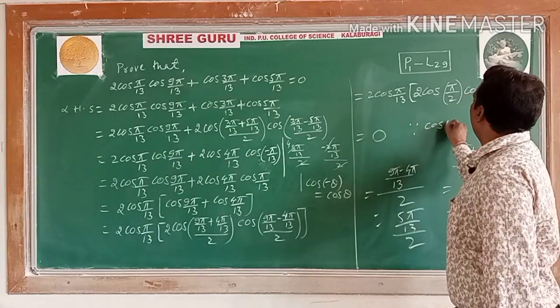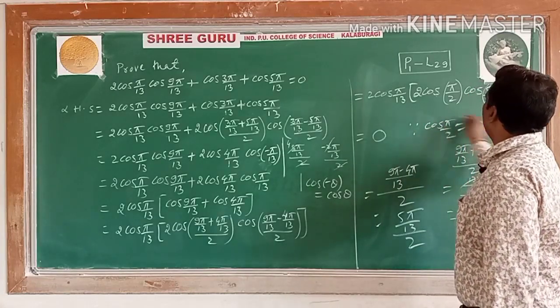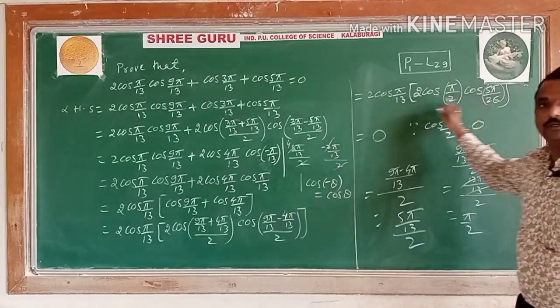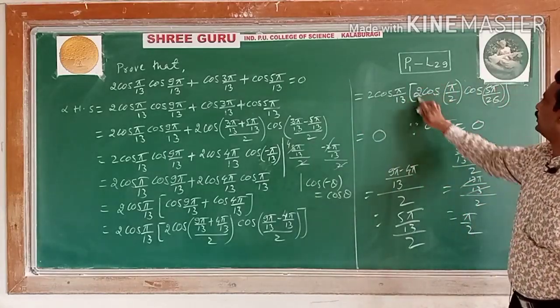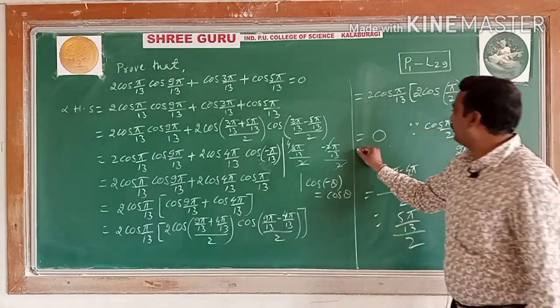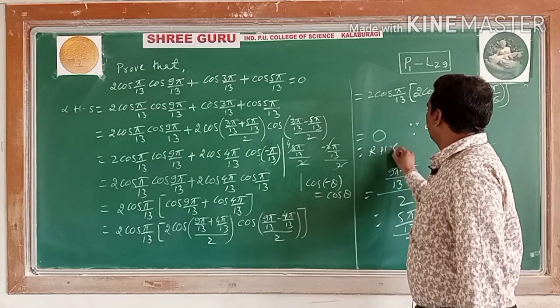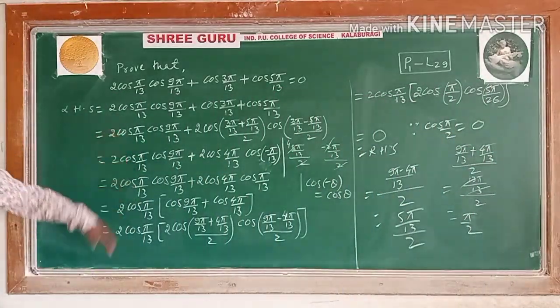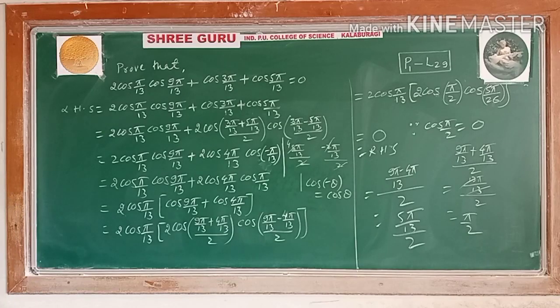Because cos pi by 2 is equal to 0, you write because of cos pi by 2. All the terms are multiples. So this one term is 0, and 0 into anything is 0. So because of this, this is your RHS. Clear all of you? That one term is a multiple of cos 90, so it becomes 0.